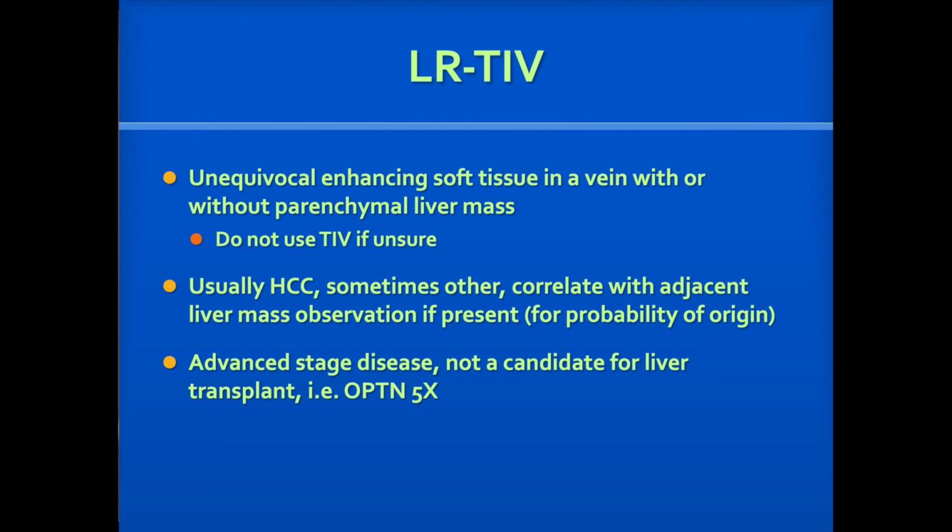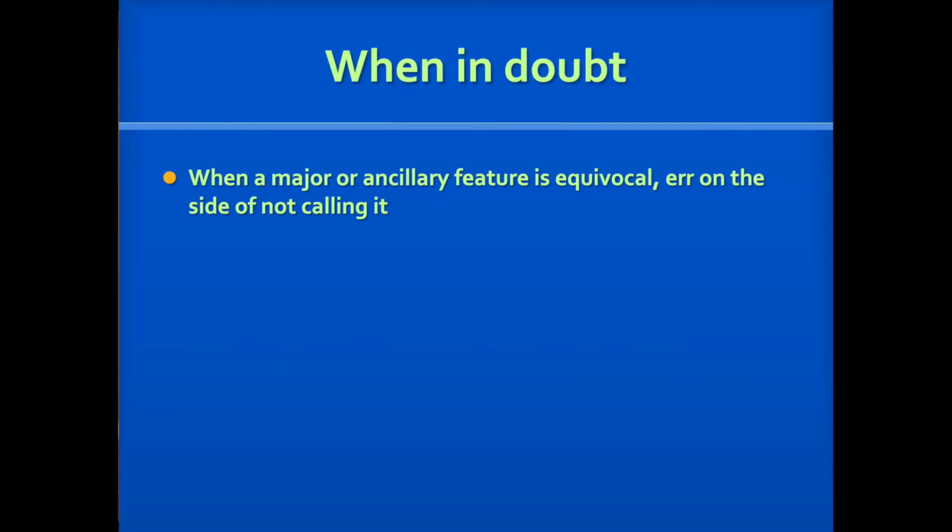To call TIV, you need to see unequivocal enhancing soft tissue within a vein, with or without a parenchymal liver mass. Like all findings that we assign in LI-RADS, if you are unsure of the finding, don't call it. While tumor in vein is seen more commonly with HCC than other malignancies, it is also seen with cholangiocarcinoma and other malignancies in the liver.